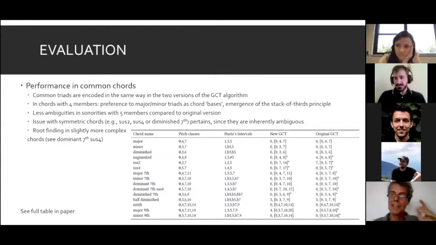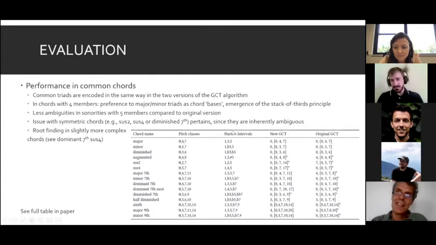Could I add, I'm a co-author of the paper. Just to add that this encoding tries to maximize the reordering of pitches so that consonance is at the bottom, and then more dissonant things go further up in your list.